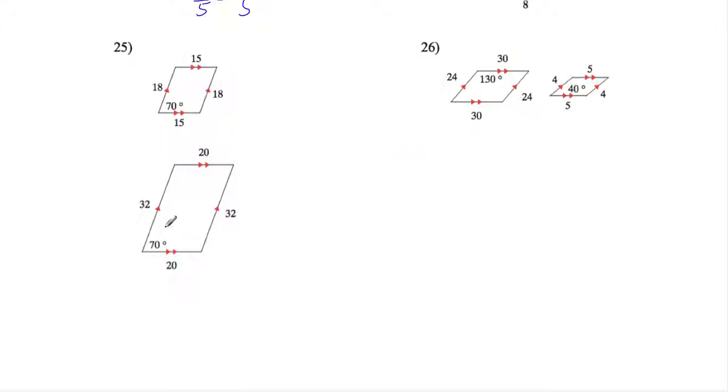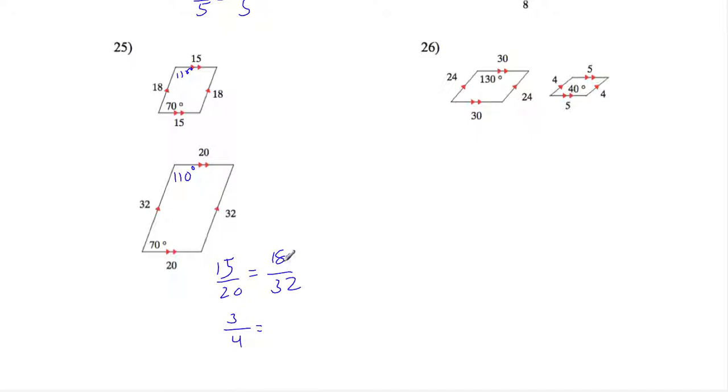25, again, if this angle is equal to that angle, these inside of a parallelogram are going to be supplementary. So all these angles are going to be congruent. So let's check out this proportion again. So 15 to 20 should equal 18 to 32. Well, 15 to 20, I can reduce that to 3 to 4.